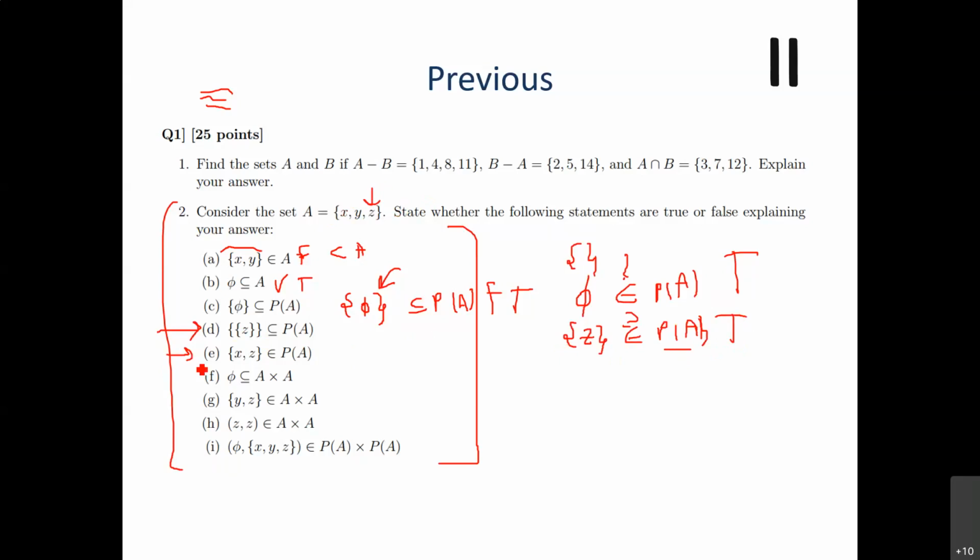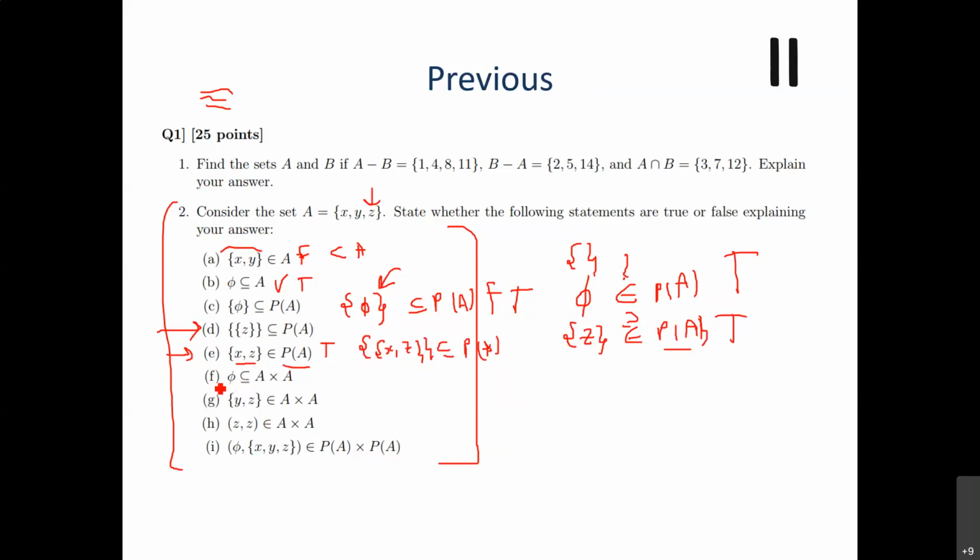Part E. X and Z, do they belong to the power set of A? Yes. True. It's kind of like saying, does the set containing the set xz, is that a subset of P of A? So the reverse of C and D.